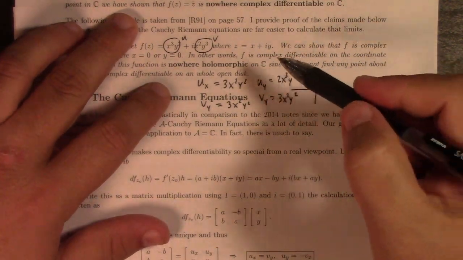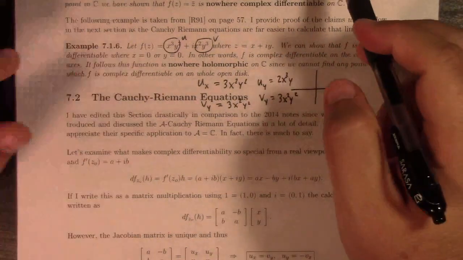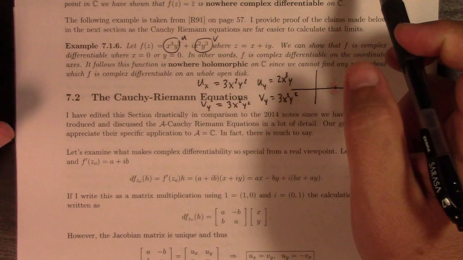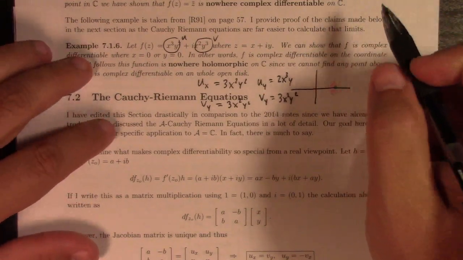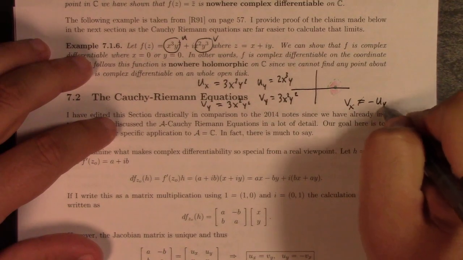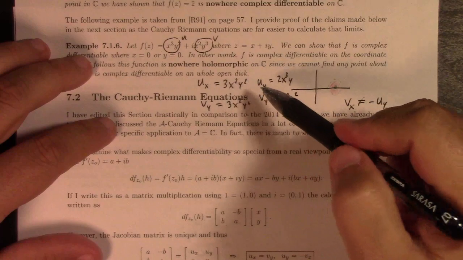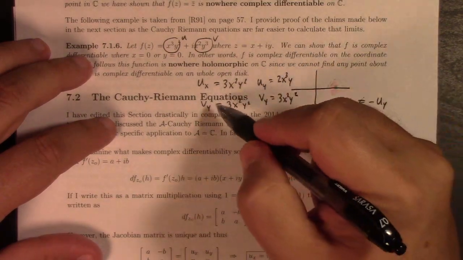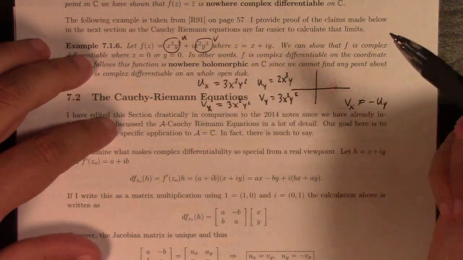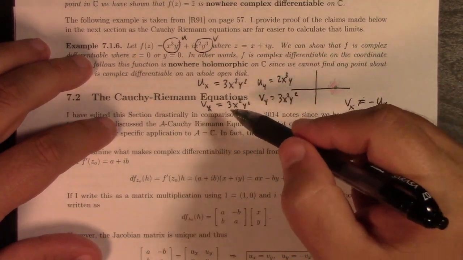So you can see that vx is not equal to minus uy, except on the coordinate axes, right? Vx is not equal to minus uy, except when at least either x or y is 0.